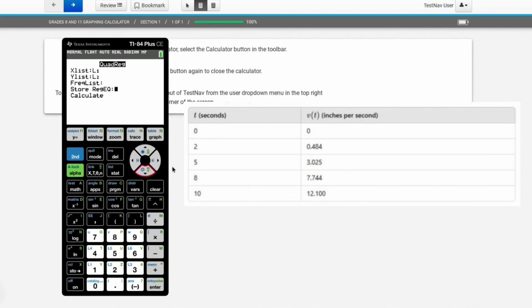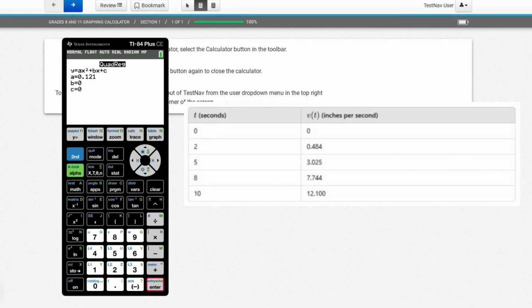So store RegEQ, hit enter. Oh, nope, I'm sorry. Go to Vars, Y-Vars, enter, enter. Okay, go to Vars, Y-Vars, enter, enter. And this will store our equation into Y equals. Go down to calculate, hit enter, and there's our equation.